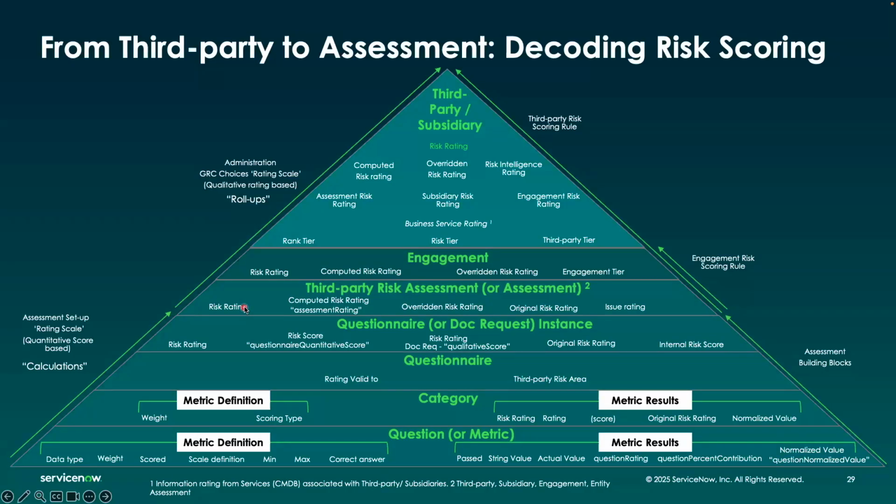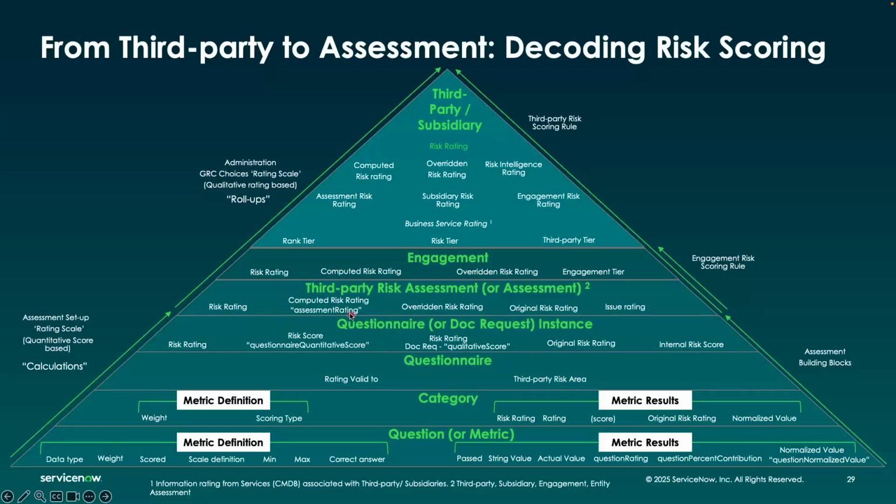The reason for the change in the risk rating scale is simply because the previous rating scale was intended to generate a rating from scores. But this rating scale generates a rating from a rating value that is computed from other ratings.